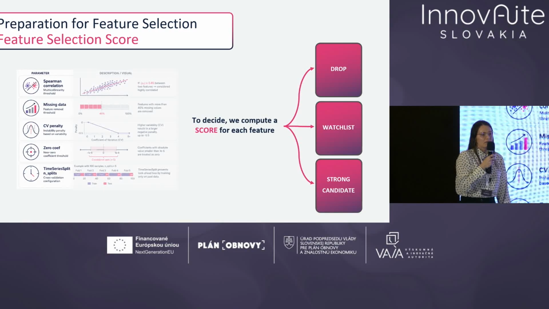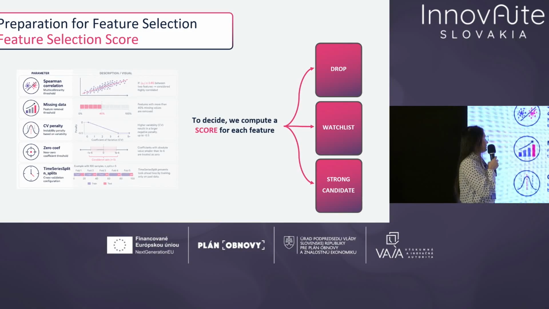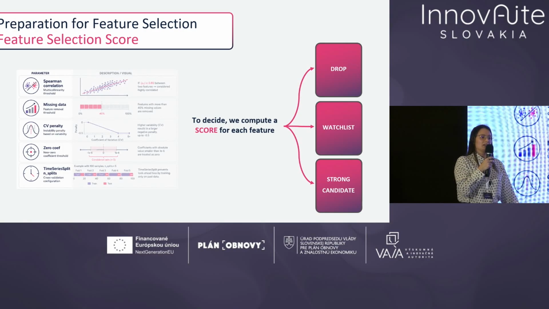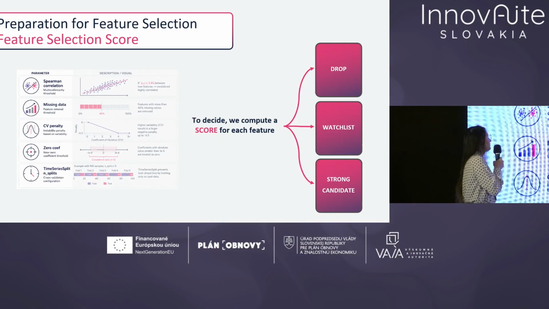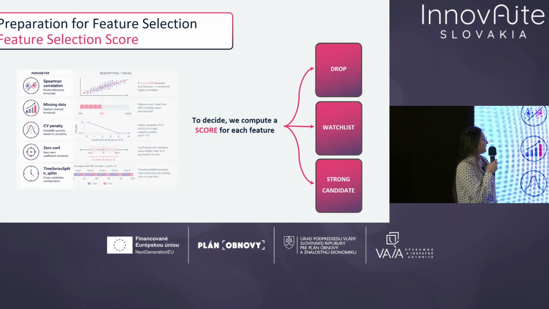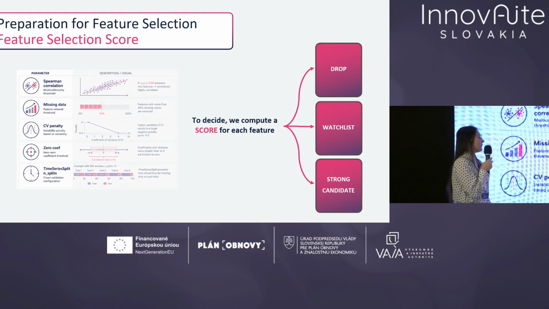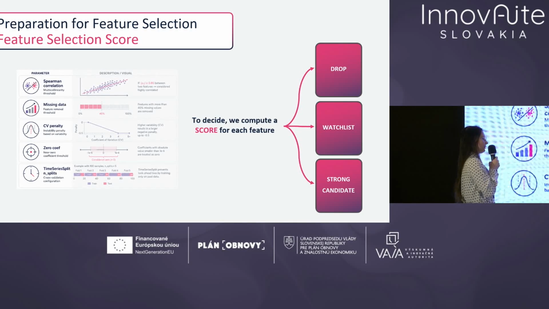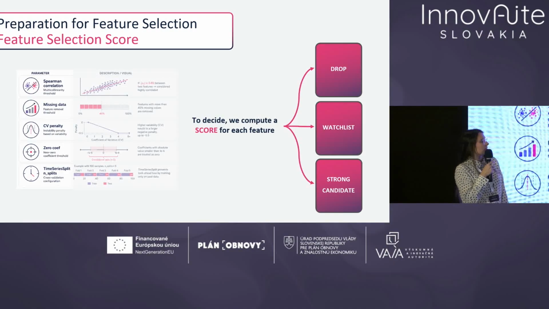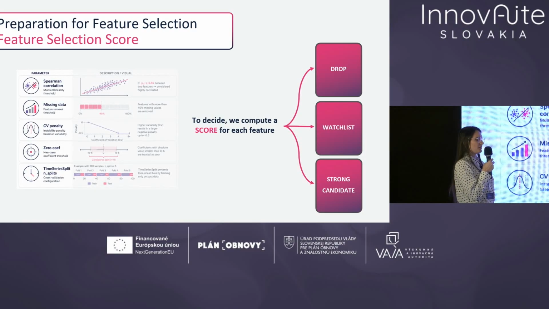I have decided to go on with a score, and during this scoring we look not only at the correlation but also whether there is any missing data. Again, in the model we don't want to have data which is missing or quantities which have missing data. Then we also look at the penalties, and we look at some constants, what are the numbers or quantities, and we come up with a score.